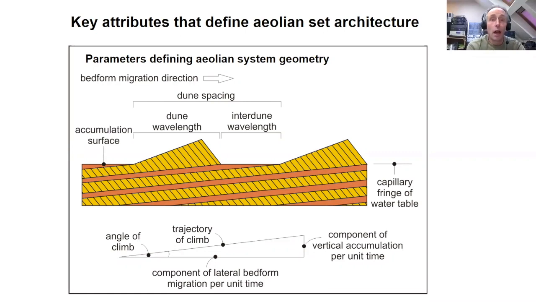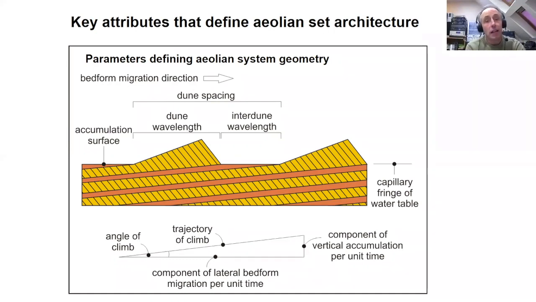Specifically, we can have a mechanism by which the water table is elevated and the dunes might not be covering the majority of the accumulation surface, but as they migrate, if there's a relative rise in water table, and remember it might not be an absolute rise, it can be due to the sediment pile sinking beneath a static water table, we've got a mechanism for accumulation.